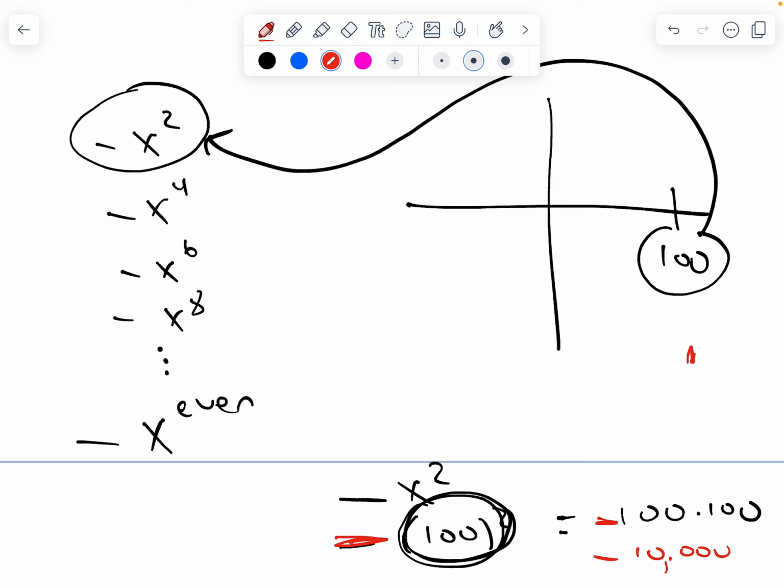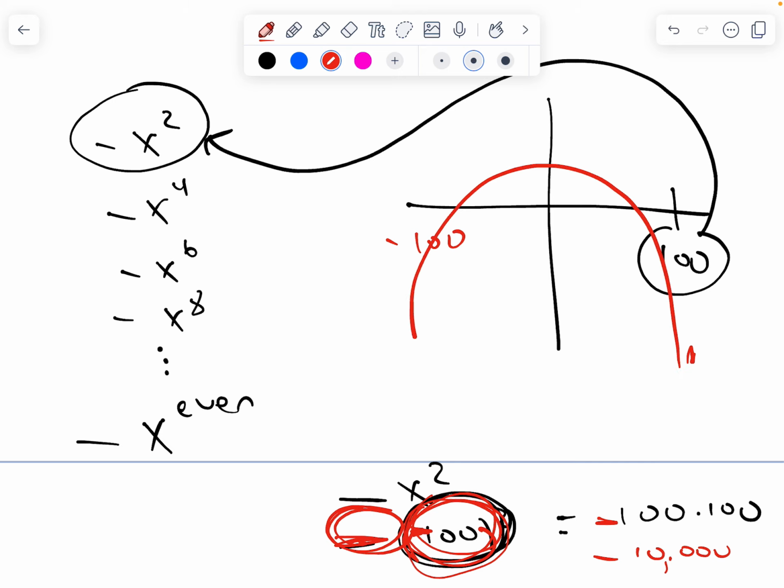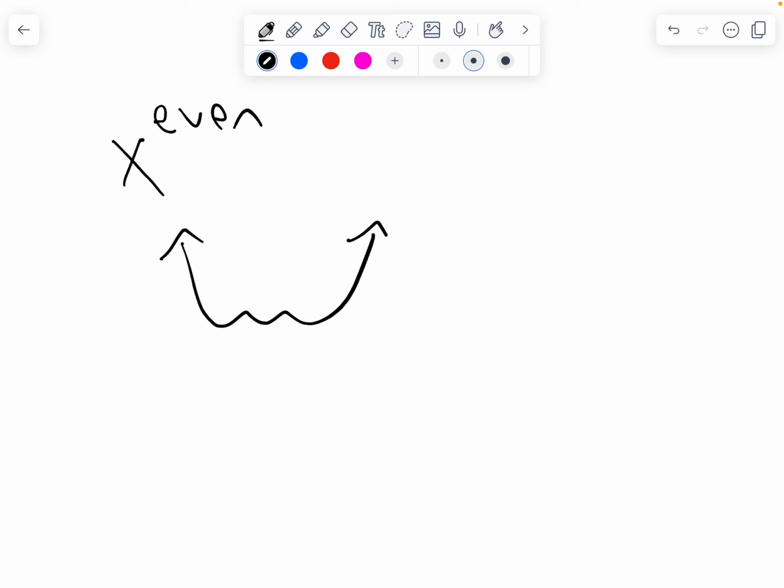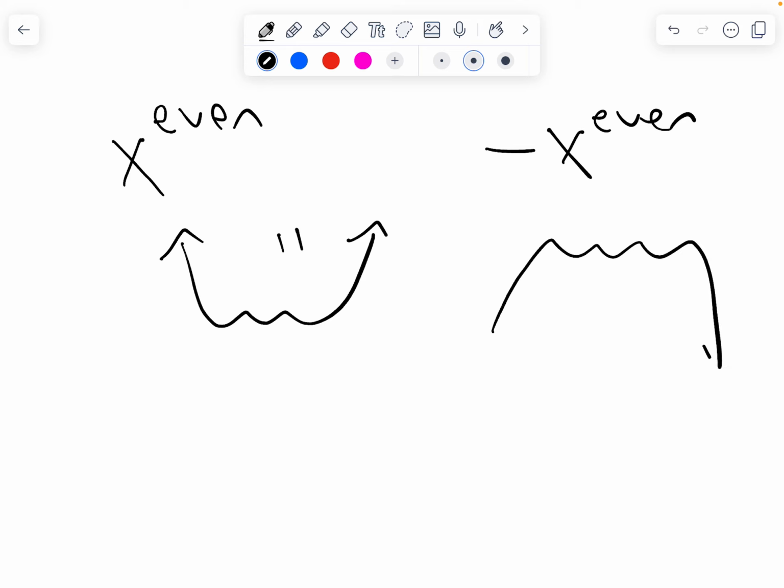And the same thing, if we plug in negative 100, and we do it inside there, negative 100 squared, negative times negative is a positive, so that's positive, but then we slap the negative sign on it, that flips it back to negative, so it's going to look like this. So, to recap, if you have x to the even, it's a smiley face. If you have negative x to the even, then it is a sad face.